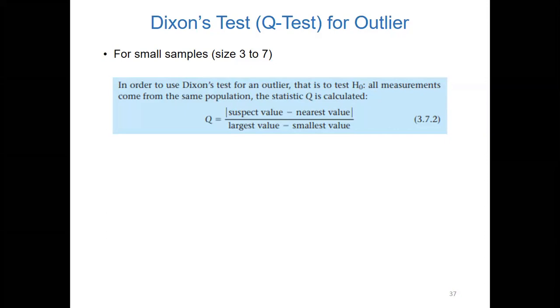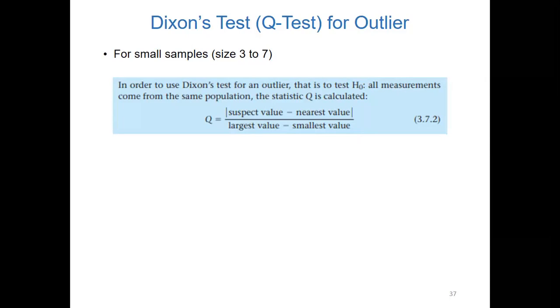And we use Dixon's test to test the null hypothesis for an outlier. So here the null hypothesis again is that all measurements come from the same population. That means there is no outlier. And it is easy to calculate Q. We take the magnitude of the suspected value minus the nearest value, and divide that number by the difference between the largest and the smallest value.